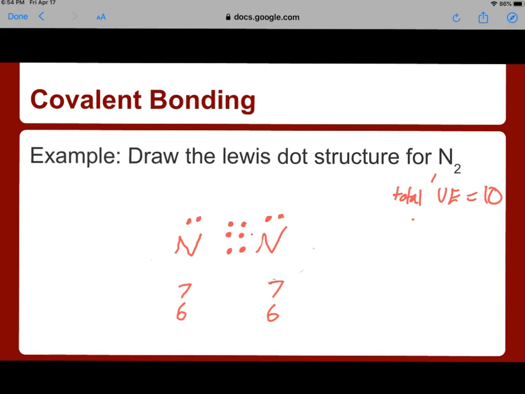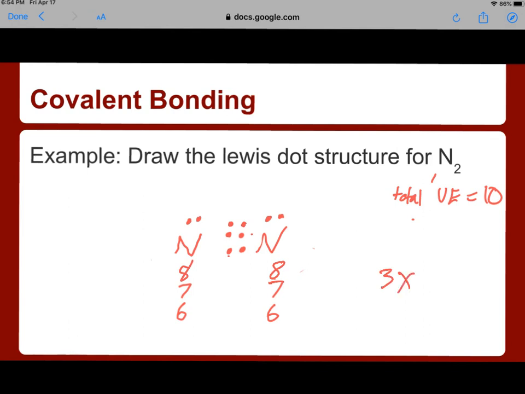And now, finally, when I count, this nitrogen has 1, 2, 3, 4, 5, 6, 7, 8. Yes. And the other nitrogen also has 8. So this molecule actually required 3 pairs of shared electrons, or a triple bond.